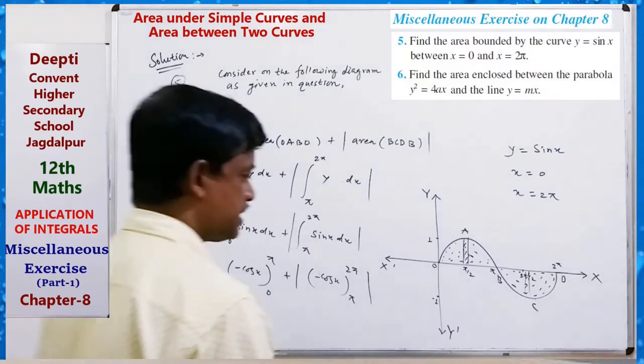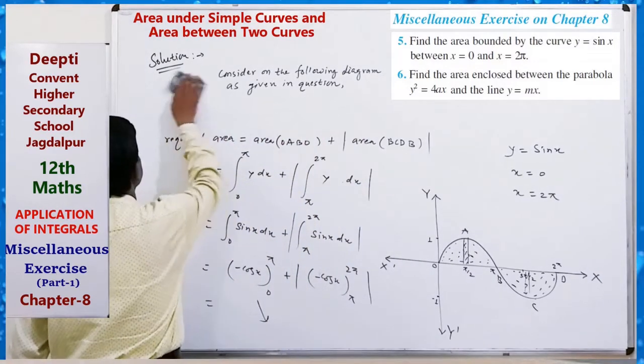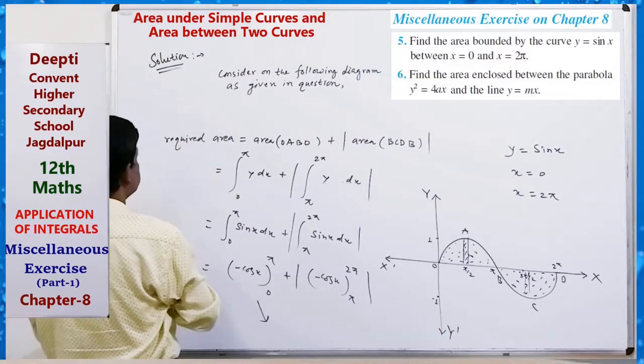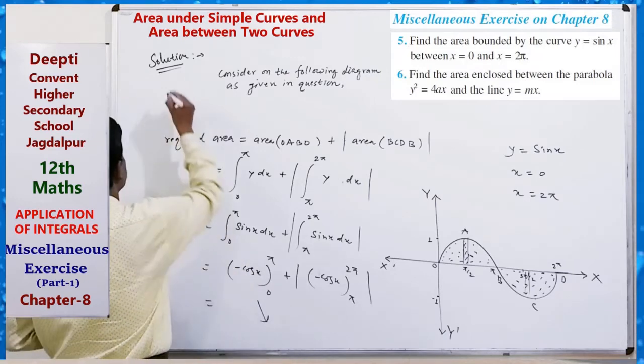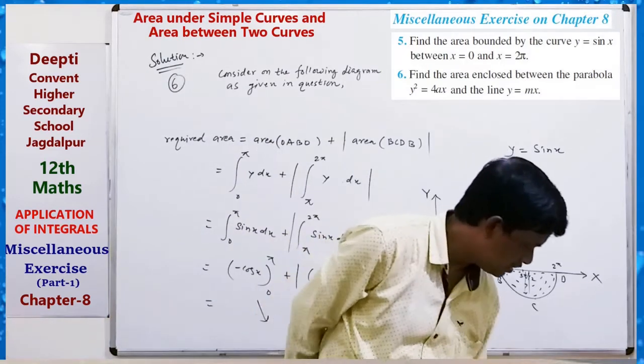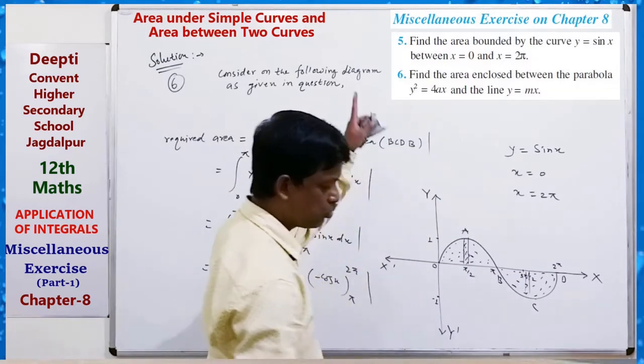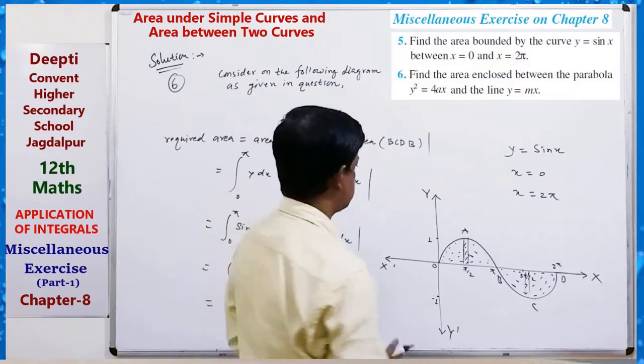Now take question 6. Question 6 is: area enclosed by the parabola y square equal to 4ax and y equal to mx.